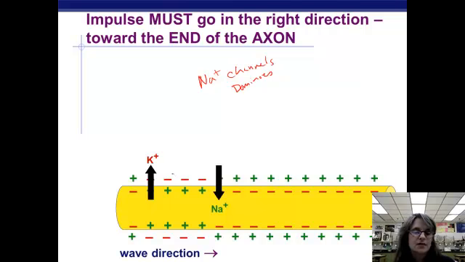And once we stimulate one enough to open, let's say, for example, we stimulate it to open right here, okay? The normal polarity of the membrane, let's say we've got this set up as normal polarity. So let me scribble these out for a second, okay?